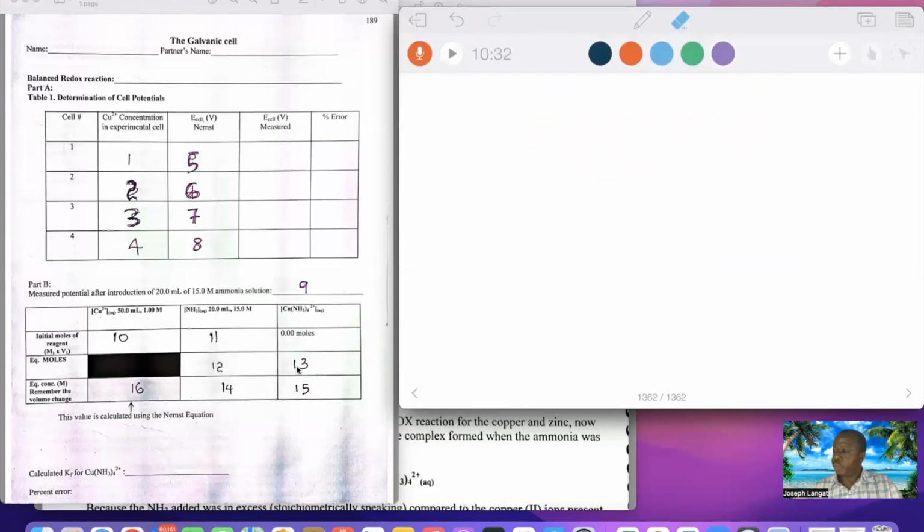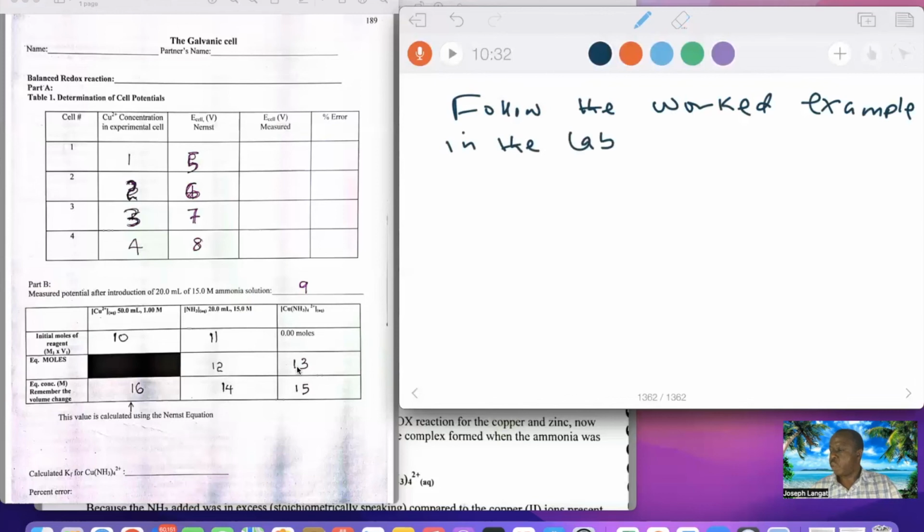Let's say follow the worked example in the lab manual. I will show you how this worked example was used, which means the equation here is E what?